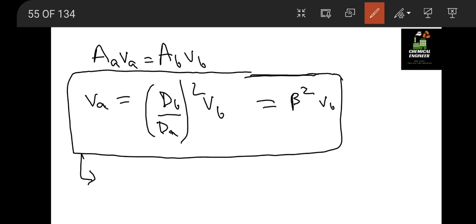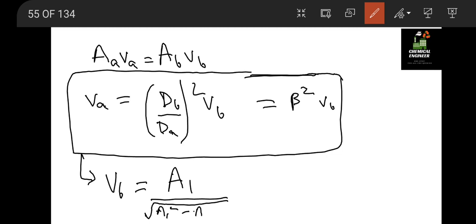the throat area. VB, the velocity, is given as A1 divided by root of (A1 squared minus A2 squared) into under root 2gh. So this is a direct equation for the calculation of velocity at point B for the Venturi meter.